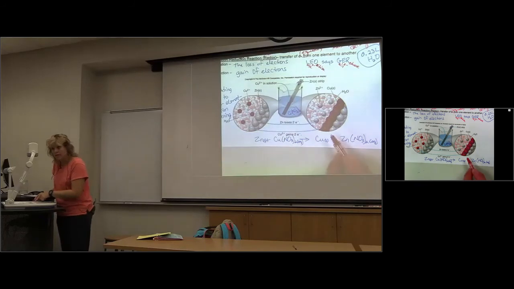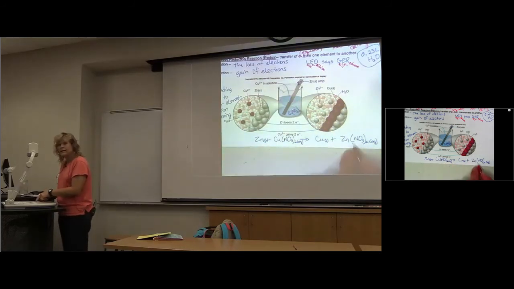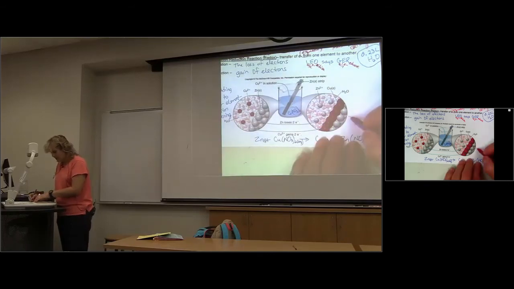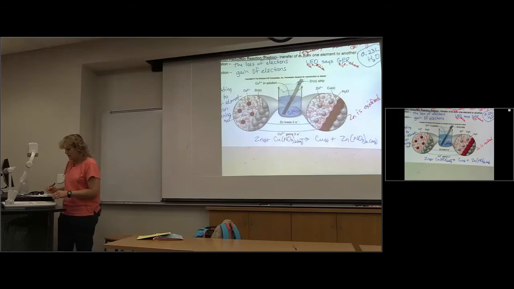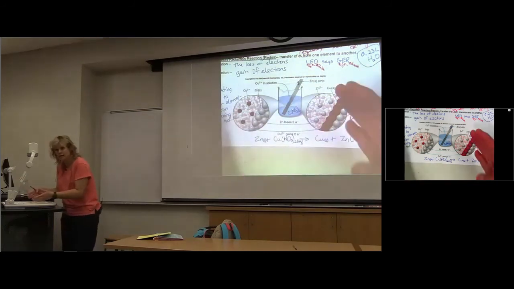It lost 2 electrons, which means zinc has been oxidized. So zinc is oxidized in this reaction because it goes from zinc solid to +2. And the picture shows you this.